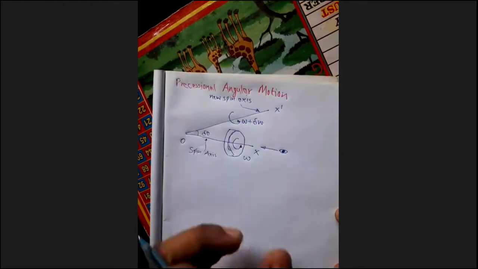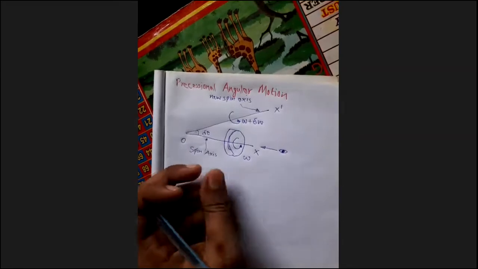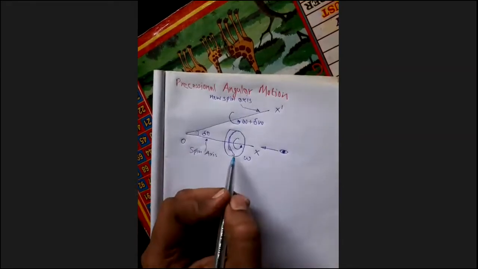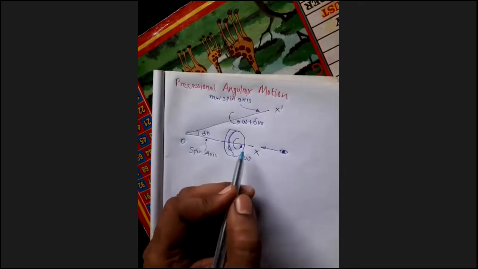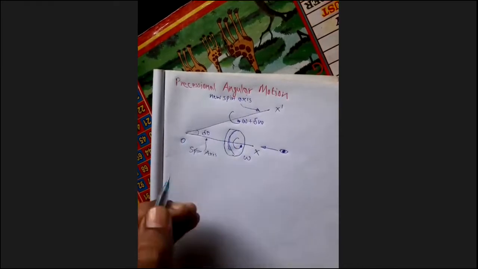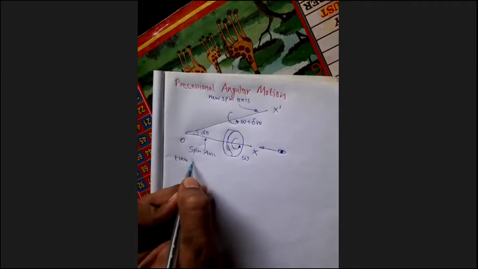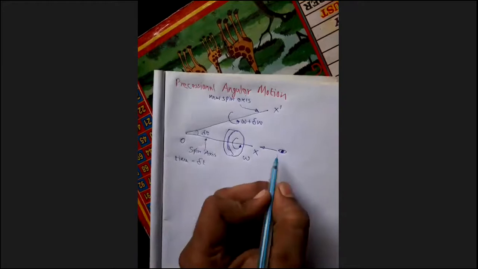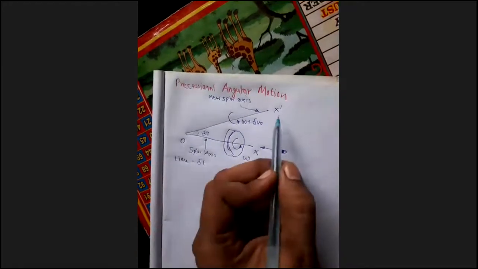So this is a simple representation that this disc is rotating about spin axis OX, and in time delta t, this spin axis rotates by an angle delta theta to take the new position OX dash.